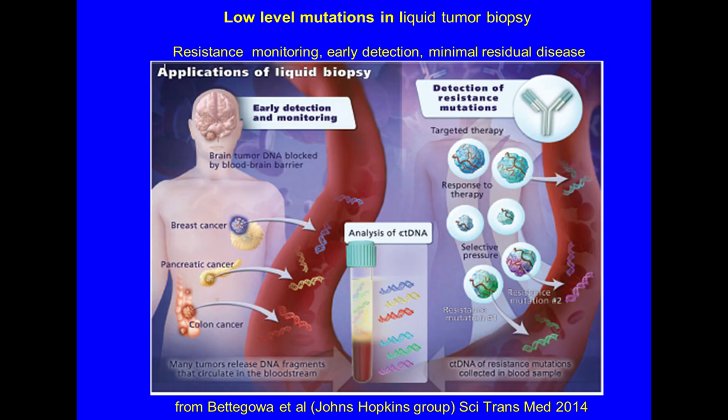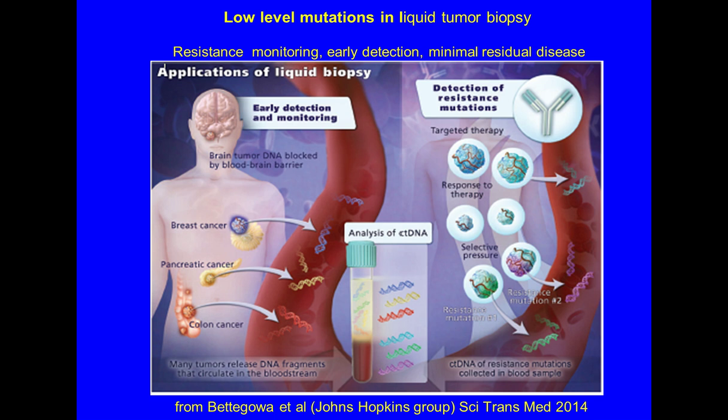Now, thankfully, things like liquid biopsy have also grown recently and demonstrated that there is circulating DNA from the tumor in the blood, which in fact may represent several parts of the tumor, several subclones of the tumor, as well as hidden tumor.